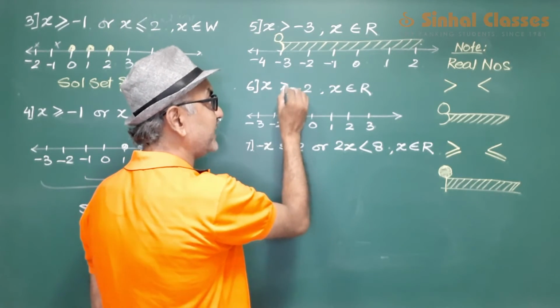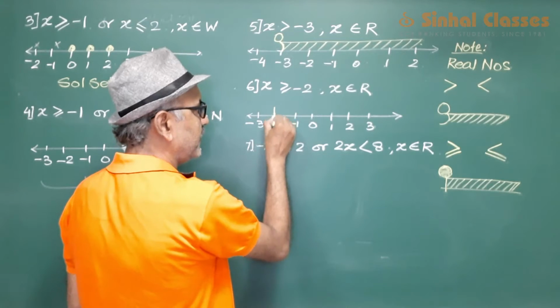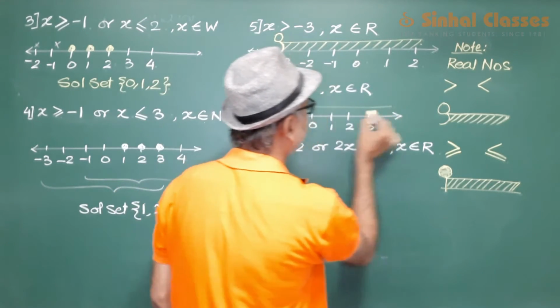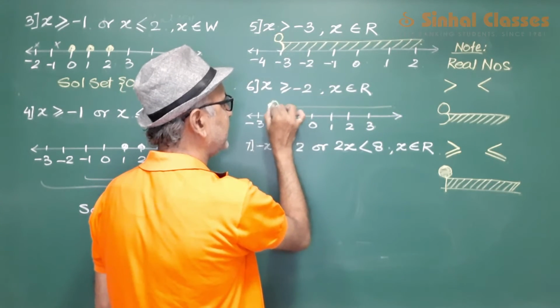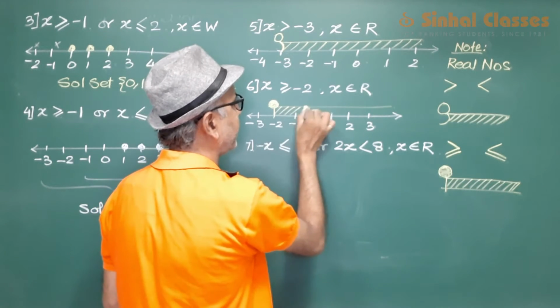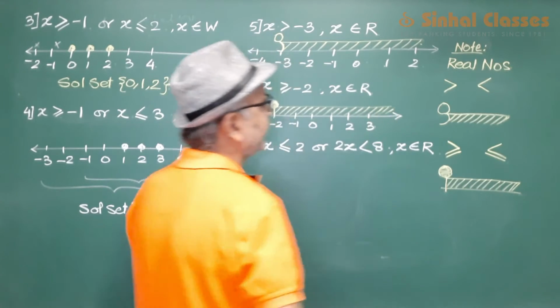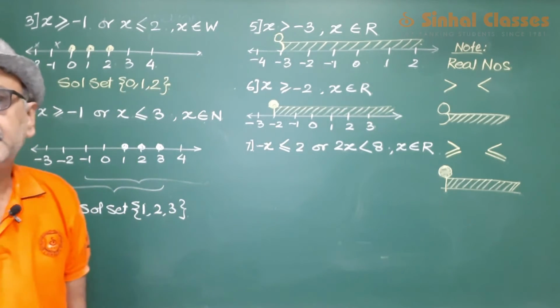Now it is greater than or equal to. Now if it is equal to, you put a straight line and a dark circle, and then you have to mark a line. This is what you do.